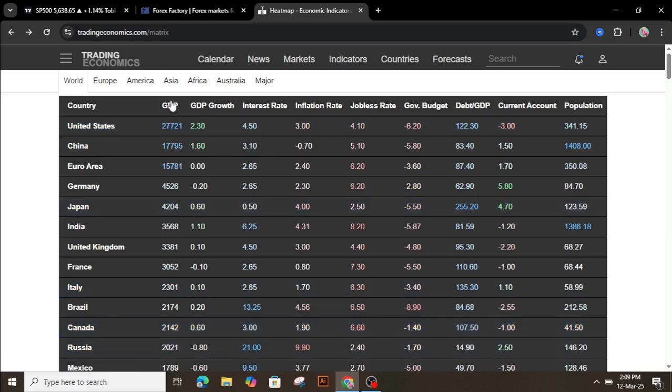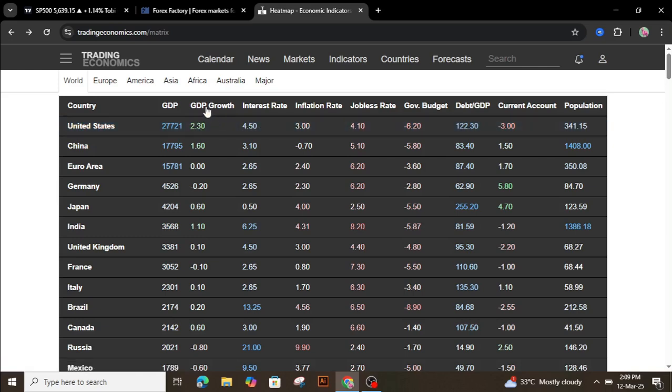In the upper part there are various indicators: GDP growth, GDP, interest rates, inflation rates, jobless rates, government budget, debt to GDP, current account and population. I'm not going to focus on current account and population, but on the main ones.